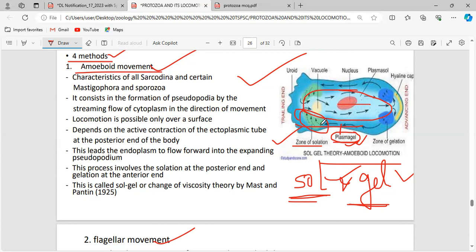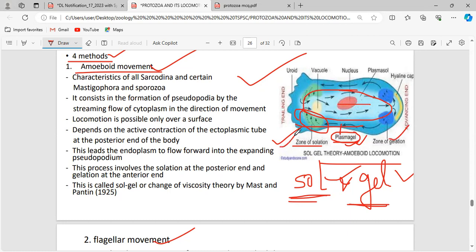The plasmogel is converted into the plasmosol. After that, they again move into the zone of gelation, where it becomes the plasmogel.